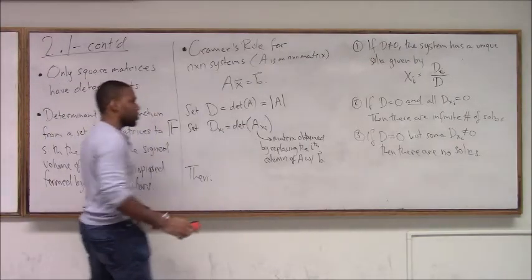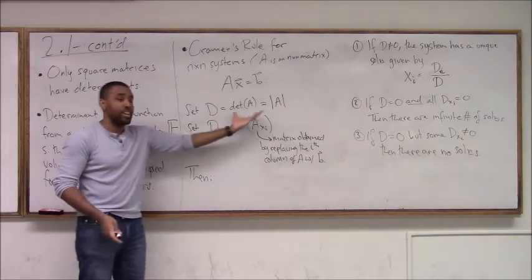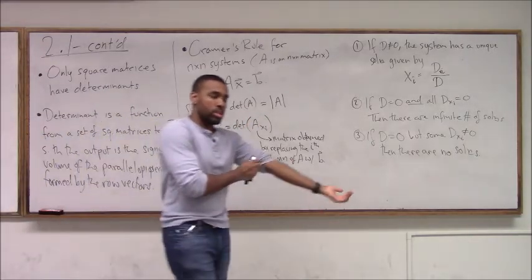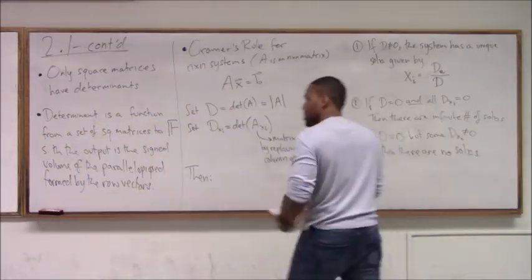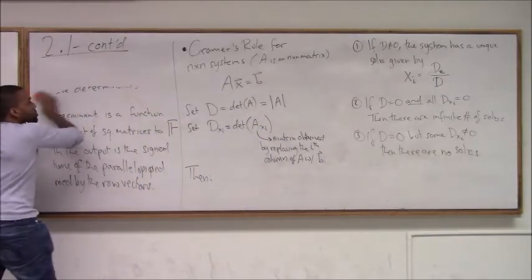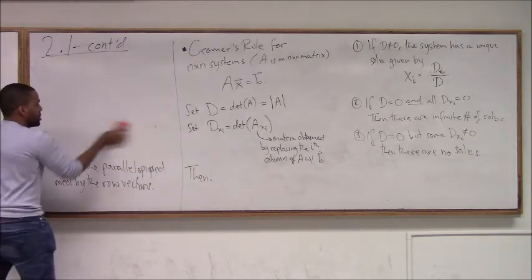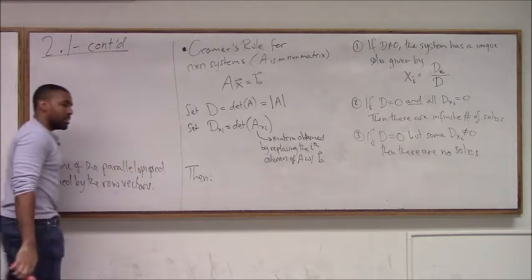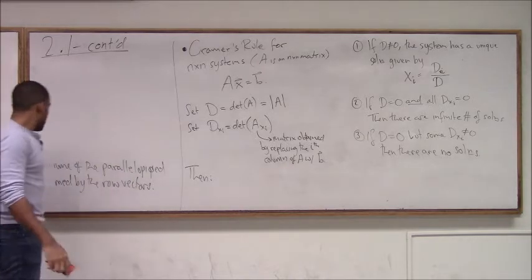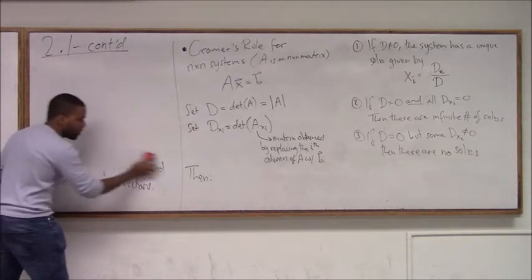Okay, so that's kind of where we picked up last time, but we didn't actually talk about how to find a determinant. So that's kind of where I want to start now. So computing determinants. I'm going to give you a method, and the point of the method is to really capture the definition that we want to go for.